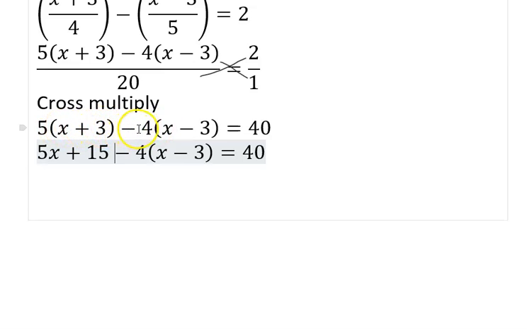So minus 4 times x here will give you minus 4x. Minus 4 times minus 3: minus times minus will give you plus. 4 times 3 will give you what? 12. Awesome. So we have 5x plus 15 minus 4x plus 12 equals 40. So let's rearrange what we have here.